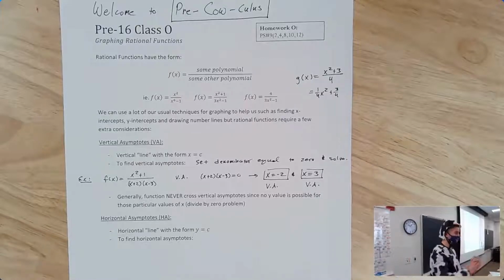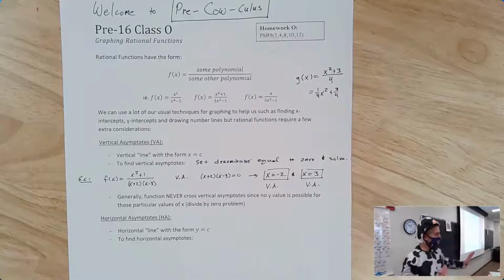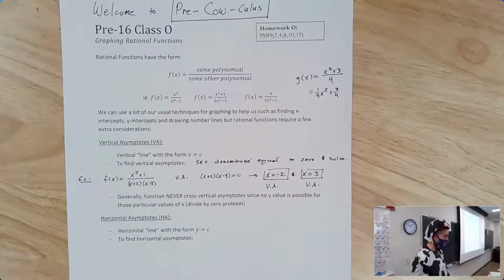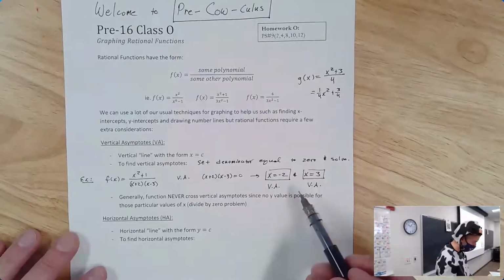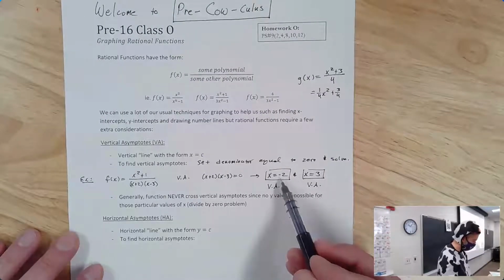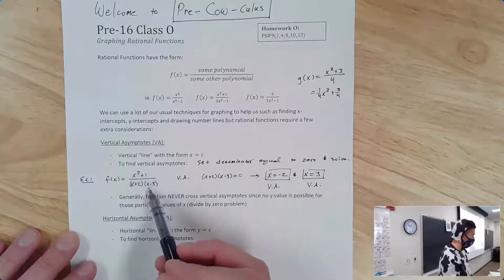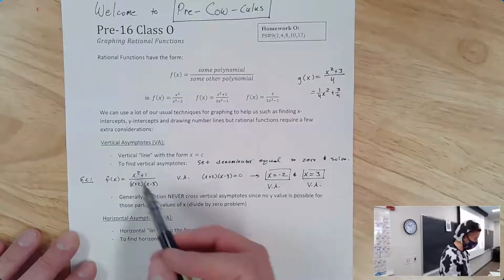Right? We talked about logs before. Logarithmic functions have vertical asymptotes. They're like the only kind of special function that has a vertical asymptote where you're not dividing by 0. Every other function has a vertical asymptote because you were dividing by 0. This function, right, if you plug in x equal to -2, you're going to get 5 over 0. And if you plug in 3, you're going to get 10 over 0.